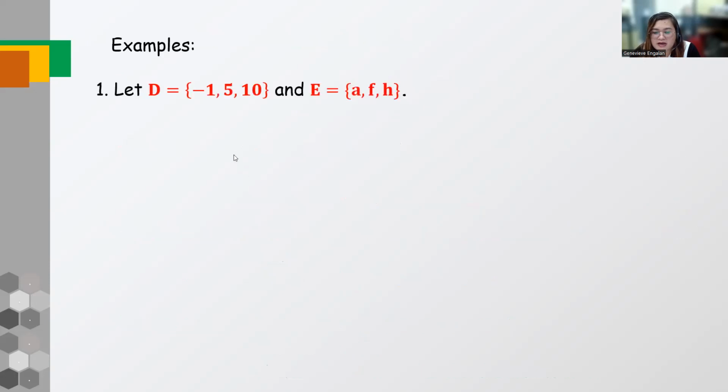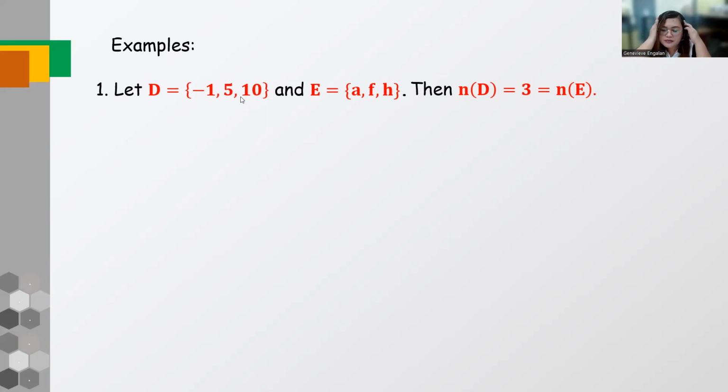Okay, so suppose we have sets D containing -1, 5, 10, and E containing the elements A, F, and H. Then, ang cardinality ni D is 3. Tapos, ang cardinality ni E is 3. So, tulo no?